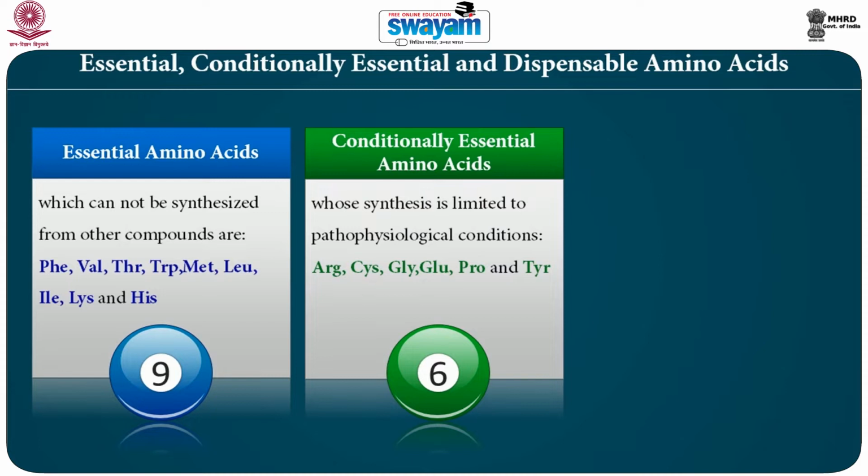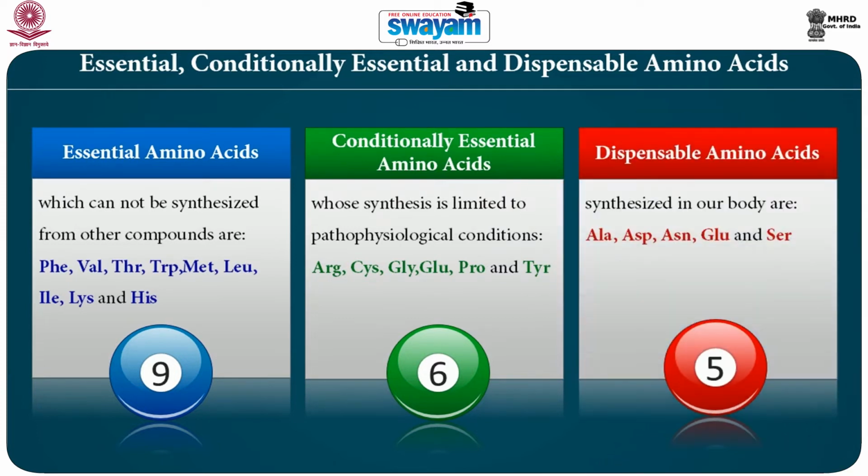This means their synthesis is limited to pathophysiological conditions. 5 amino acids: alanine, asparagine, aspartic acid, glutamic acid, and serine. These are dispensable, which means these are synthesized by our body and one need not take them as supplement.